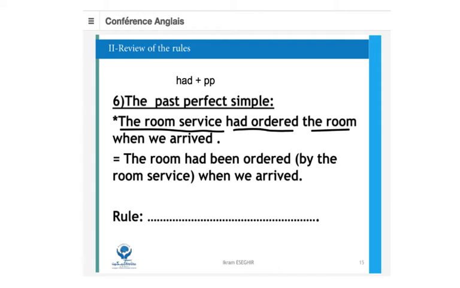So what is the rule of the past perfect? It's like the present perfect. So we put had plus been plus past participle. So I say the room had been ordered by the room service when we arrived. Okay? The room, that's the object, had been ordered, that's had plus been plus ordered plus the agent by the room service when we arrived. So that's the rule for the past perfect simple.